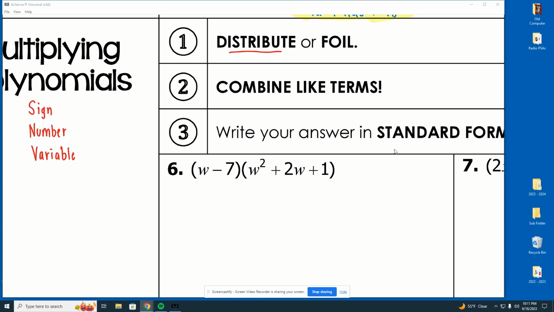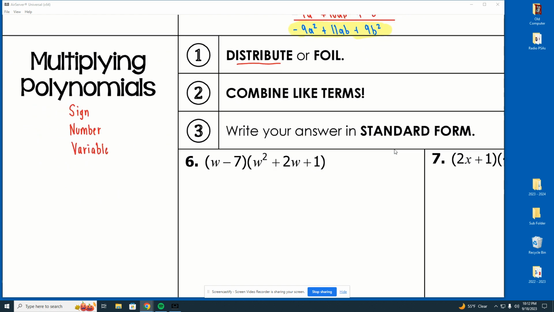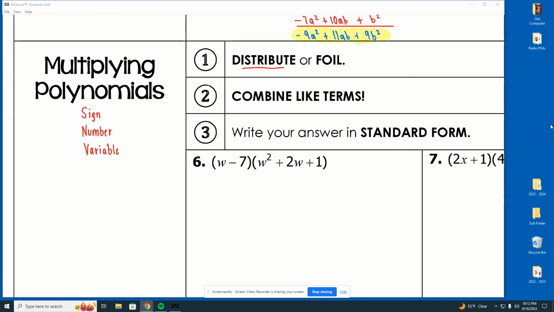So here we go. Watch this. We've got w minus 7 times w squared plus 2w plus w. What I'm going to do is distribute, but then I'm going to stack them and combine like terms vertically. That way this turns into vertical addition like we did the other day. In the process of stacking them, I'm going to put them in standard form. So watch this.